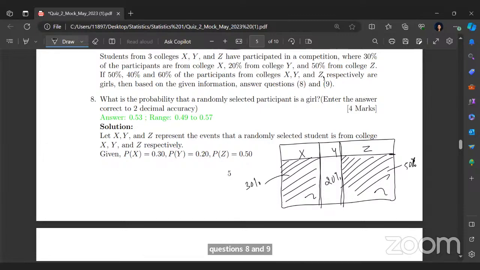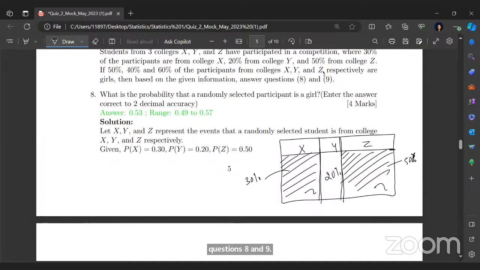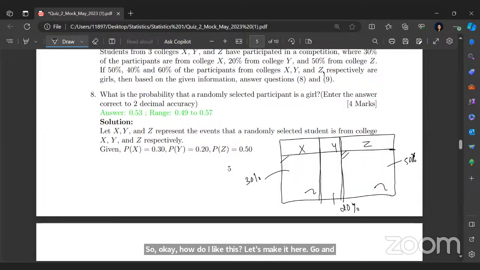So from college X, okay, how do I write this? Let's make it here 20. Now I'll just remove these also. Let's say this is my girls.